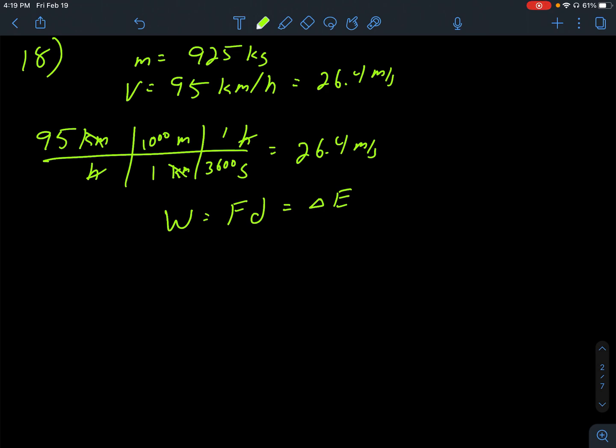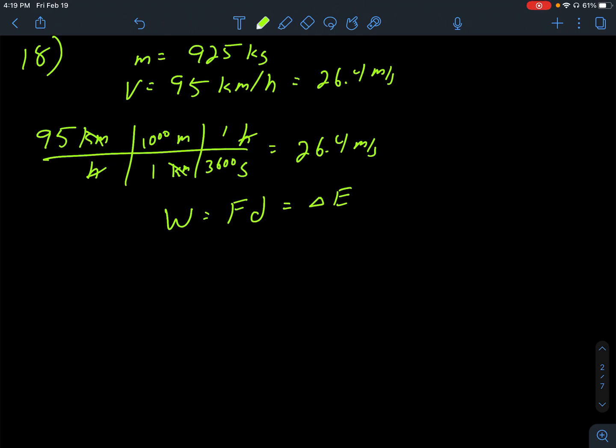The final is really easy. It comes to a stop, so it's got no kinetic energy. So we can just look at the initial kinetic energy, because we could subtract the final, but we don't need to since we know it's 0. Probably should note that. Let me do that though.